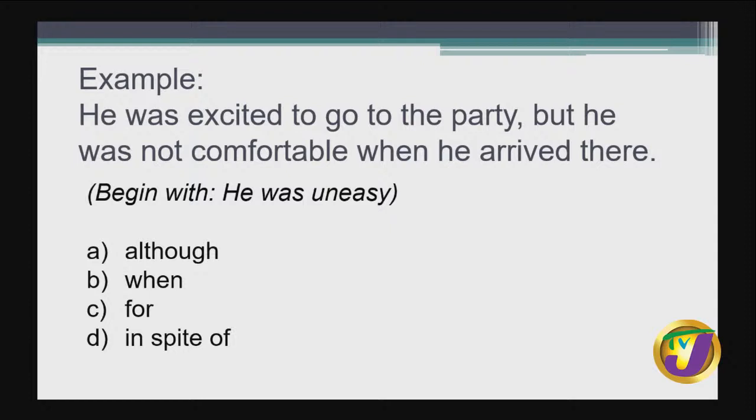Remember, you are starting your sentence with he was uneasy. The section of the sentence that conveys the idea is the second part of the sentence. He was not comfortable. Uncomfortable and uneasy convey the same idea. So what would your eventual new sentence look like, including the words he was uneasy to start, and one of these options inside?